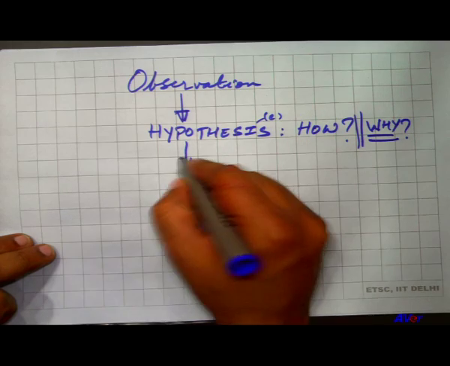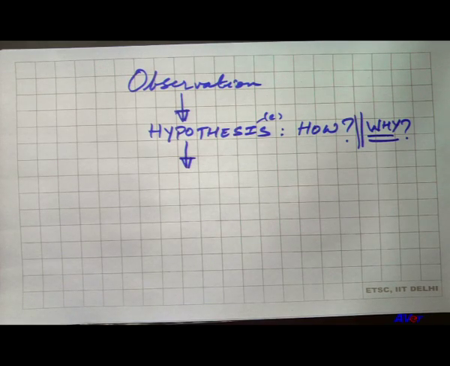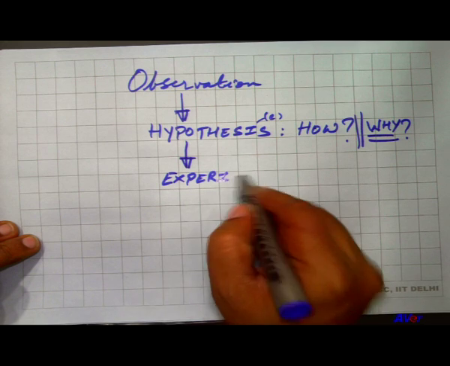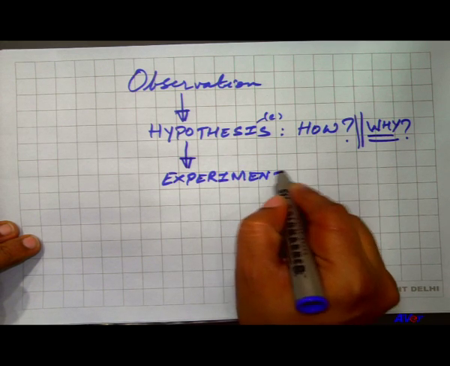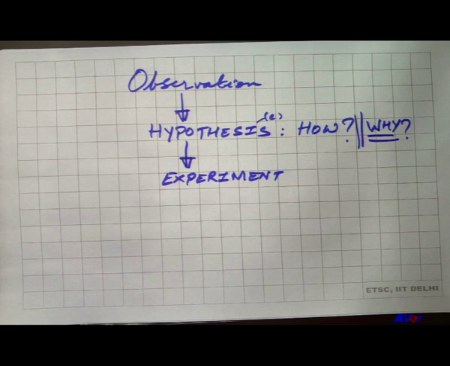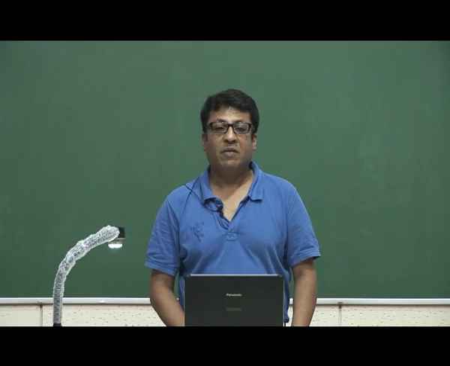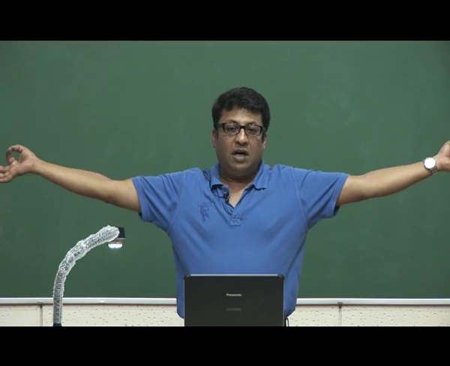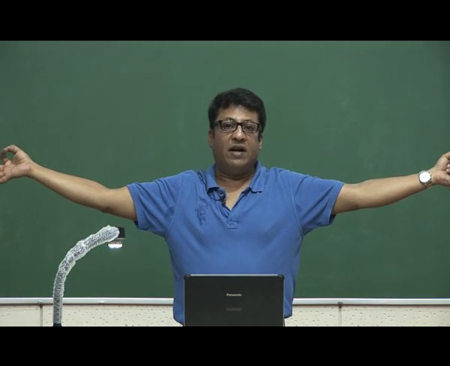Now, once we have built that hypothesis, we need to do an experiment. Why do we need to do this experiment? Again, let us say there is a researcher sitting in Nagaland and there is a researcher sitting in Diu. These are so east and west of the country.